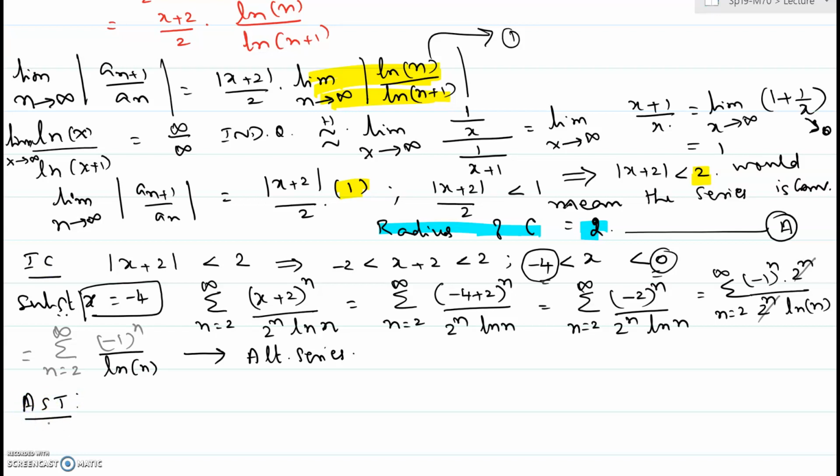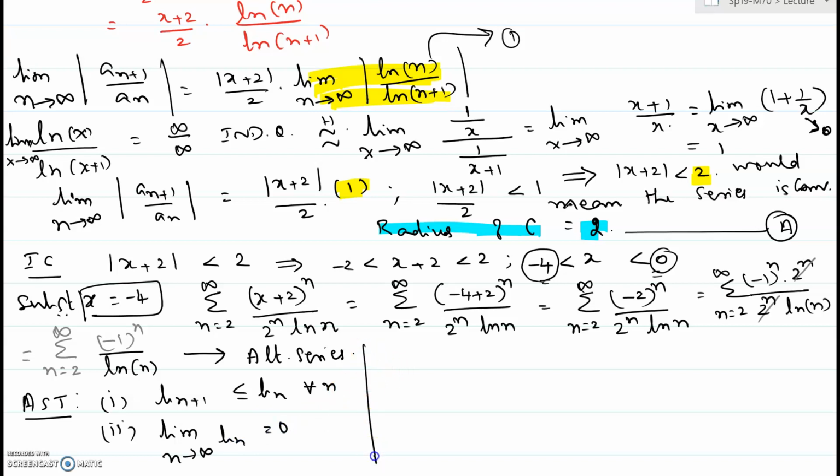So we are going to test by the alternating series test. There are two requirements for the alternating series. Number 1, b sub n plus 1 should be less than or equal to b sub n. Number 2, the limit as n approaching infinity of b sub n equals 0. These two conditions must be satisfied.